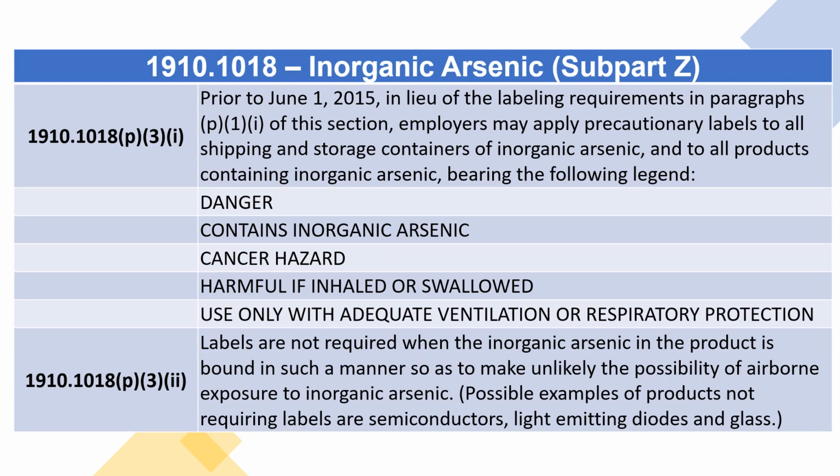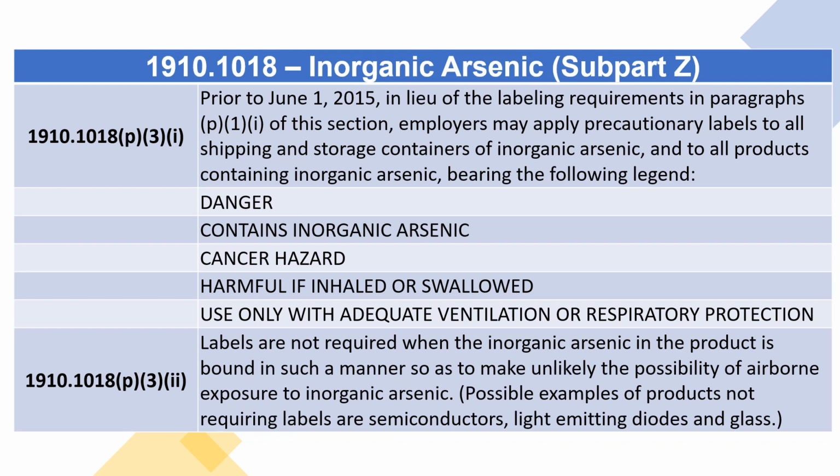1910.1018 P.3.I. Prior to June 1, 2015, in lieu of the labeling requirements in paragraph P.1.I of this section, employers may apply precautionary labels to all shipping and storage containers of inorganic arsenic, and to all products containing inorganic arsenic, bearing the following legend: Danger. Contains inorganic arsenic. Cancer hazard. Harmful if inhaled or swallowed.